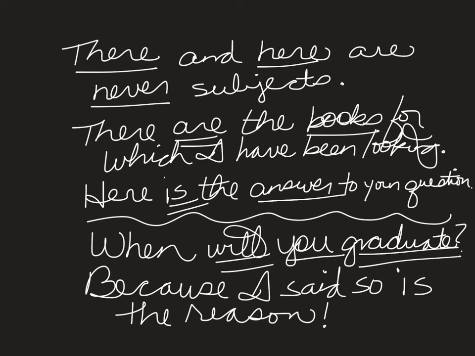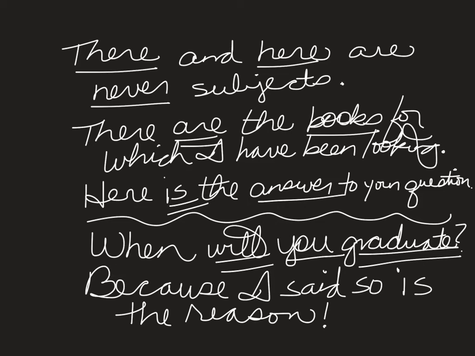Okay, and finally, sometimes, and this is rather rare, but it is done, and it is done usually purposely, occasionally in a declarative sentence that does not begin with there or here, your subject will be delayed.